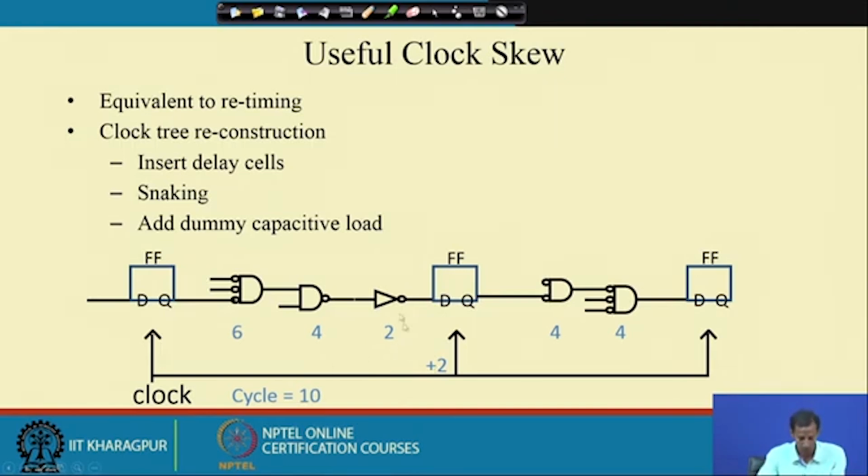That means the skew amount will be minus, so the delay will be 6 plus 4 plus 2 minus 2, which becomes 10. At that time I can easily set the clock cycle to 10. So, that is another way of making the clock cycle period 10.